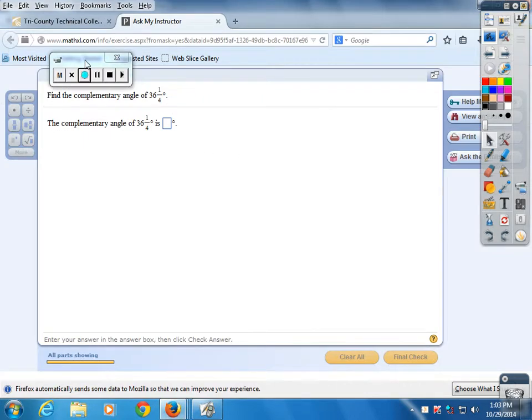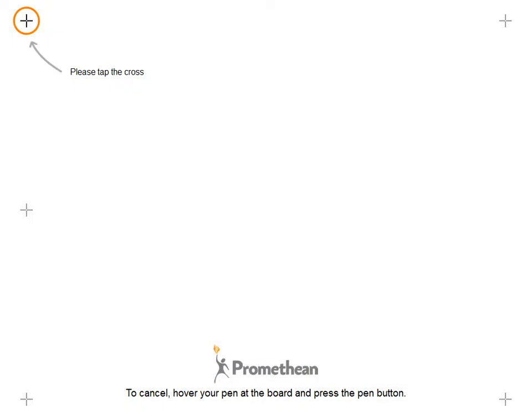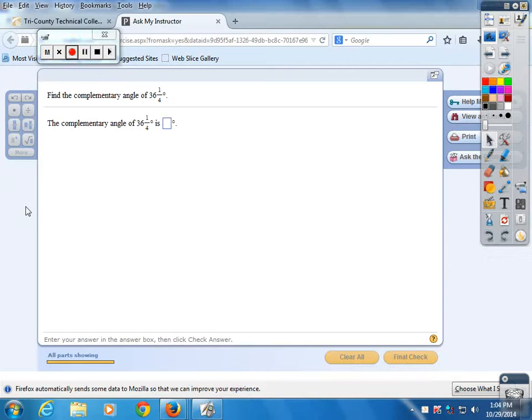Okay, find the complementary angle of 36 and 1/4 degrees. So what does complementary mean?